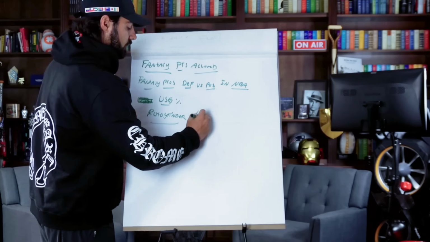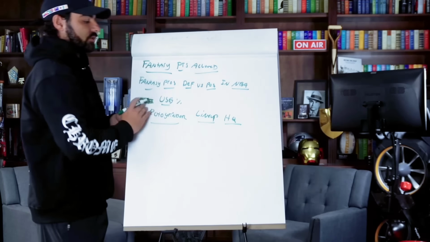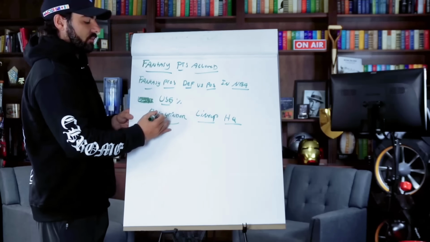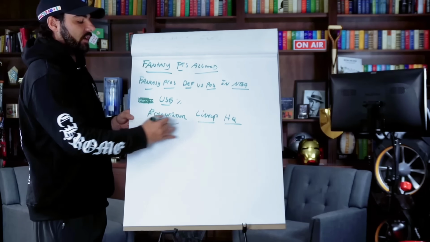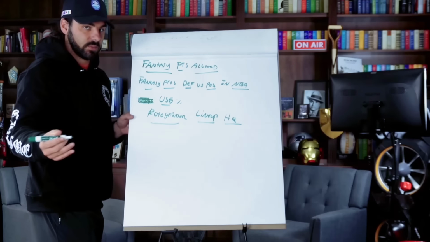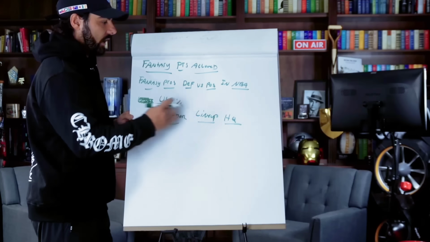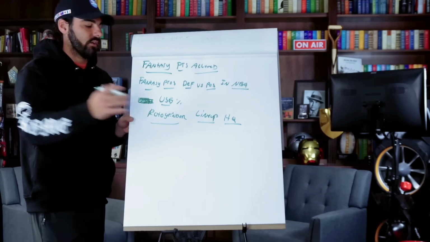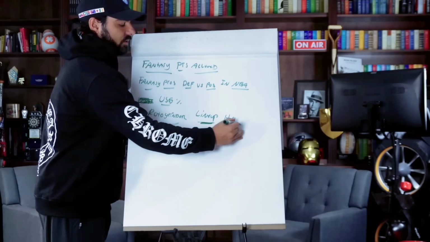Under there, you go to Lineup HQ and you scroll all the way to the far right and you'll see exactly the usage number there. And you can also get the projected minutes that they're going to play on there as well. And that's where you find the fantasy points per minute. They're all literally right in the Lineup HQ that's listed.